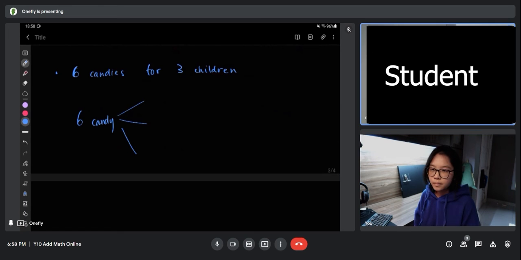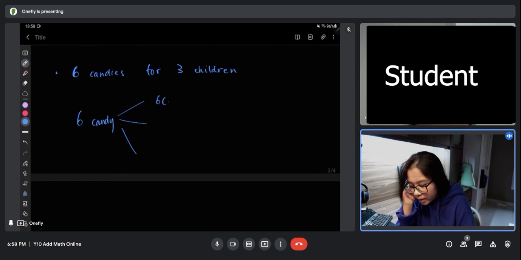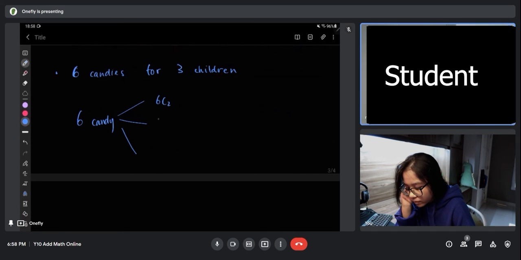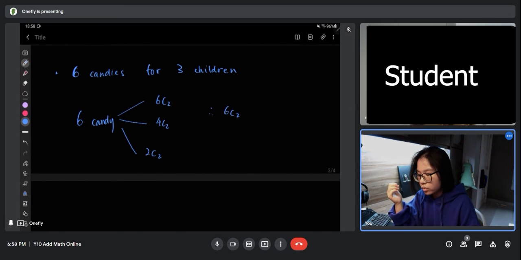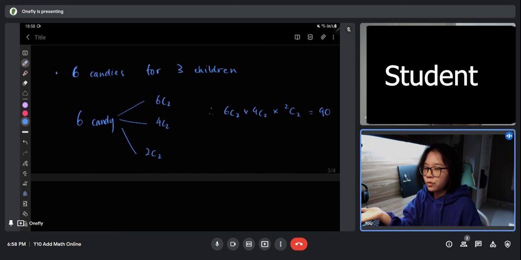6C2. Okay. Then second one, 4C2. Then 2C2. Final answer: 6C2 times 4C2 times 2C2. Why don't I use 6C2 plus 4C2 plus 2C2?